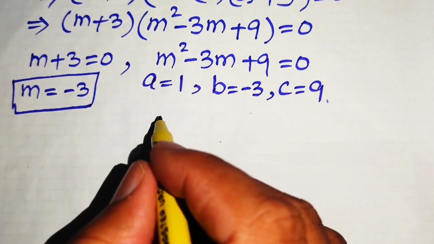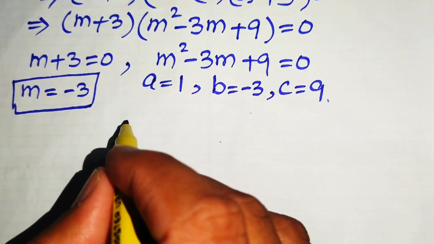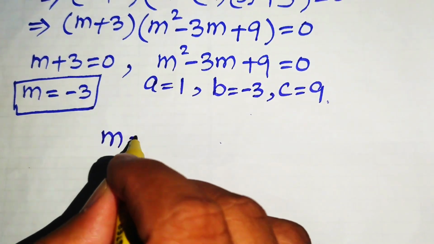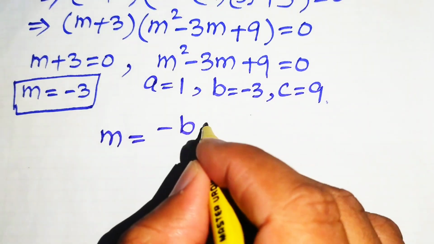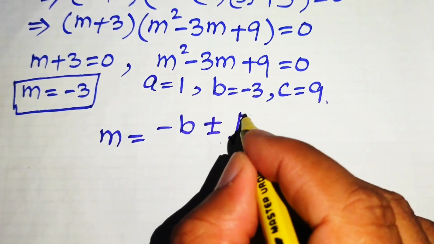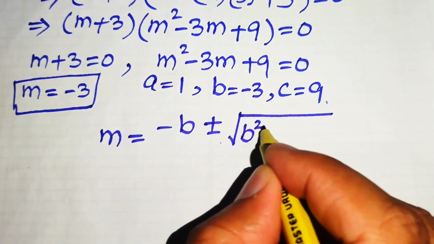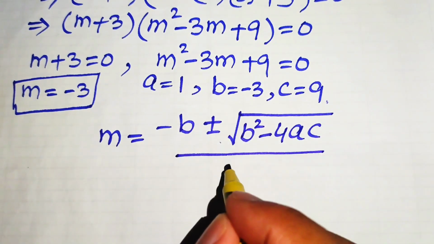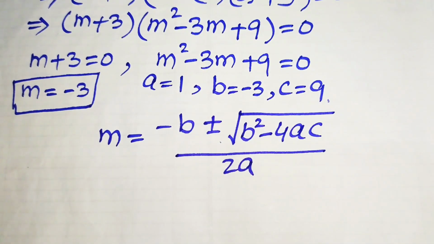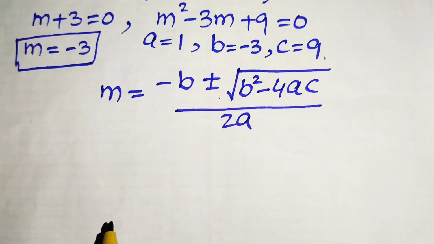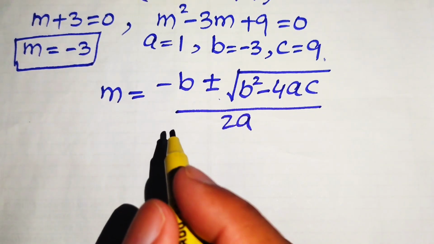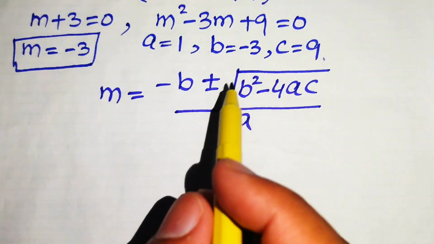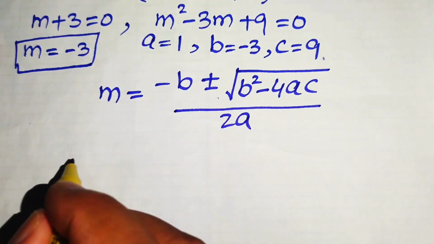So we write the quadratic formula here, and you know that the quadratic formula is in this form: minus b plus minus square root of b square minus 4ac, divided by 2a. This is the very well known quadratic formula, and now we substitute the values of a, b and c in this formula.